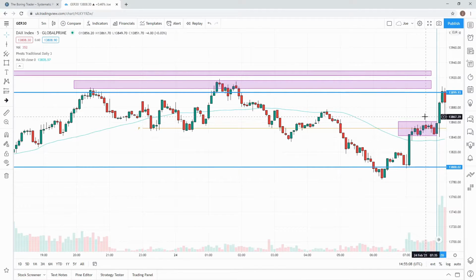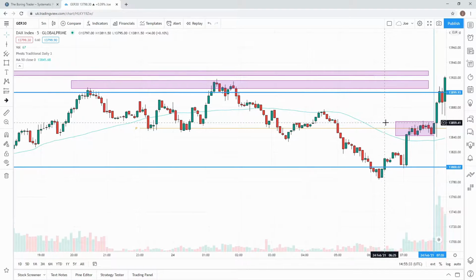However, if they're really in control, I would have expected a much stronger reaction. You see this big wick here? This big wick tells me that the bears are not particularly forceful and they are probably going to struggle pushing the market down. If they do, the bulls are going to have more momentum to go up.